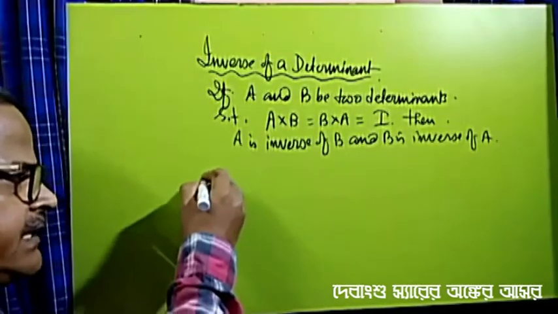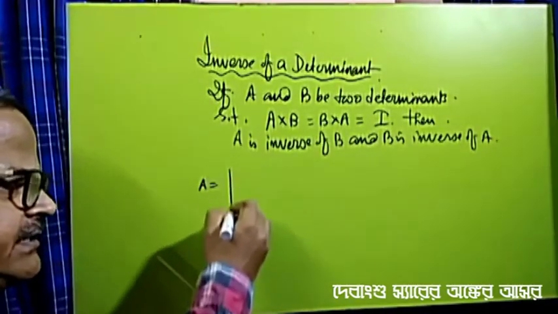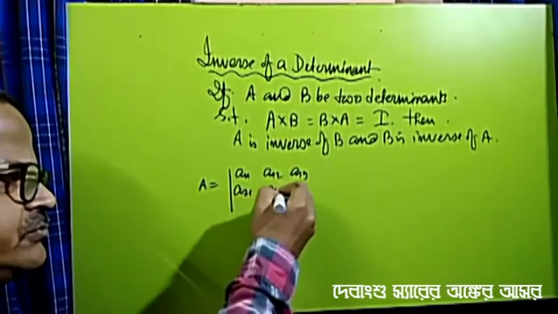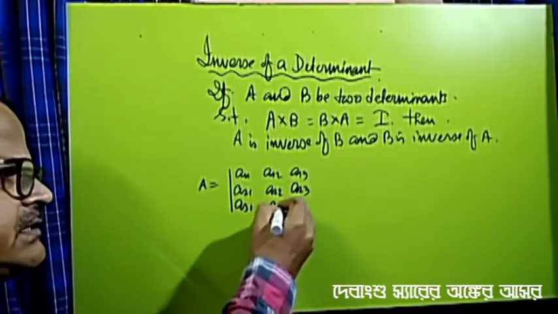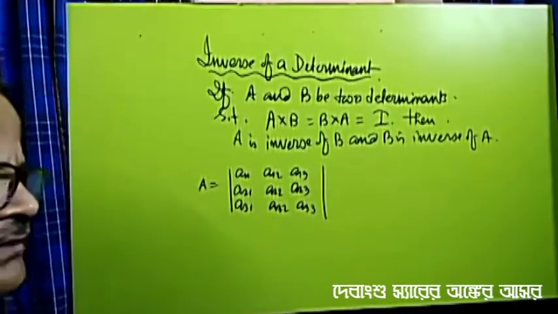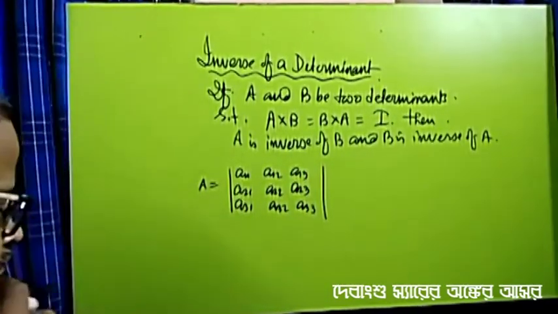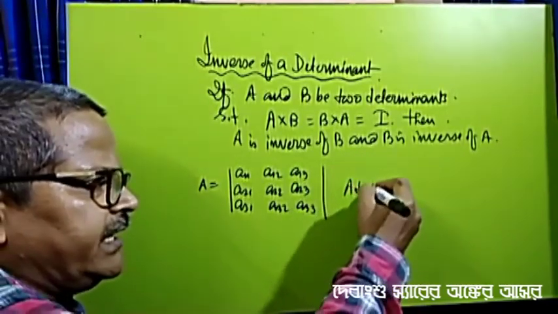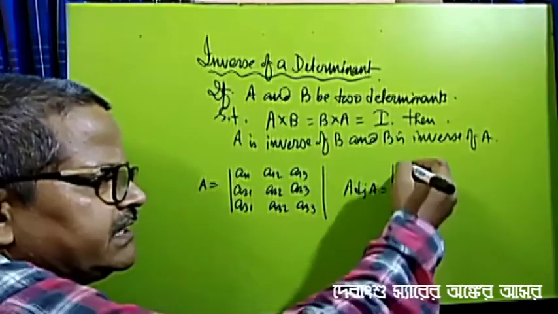Now note that let A be a determinant. This is a third order determinant. We'll go with third order. Now we know that adjoint A is the determinant.